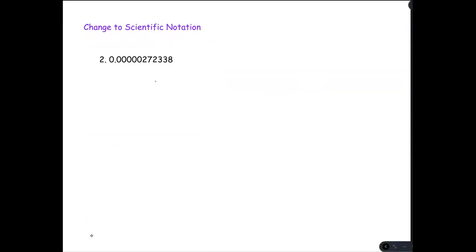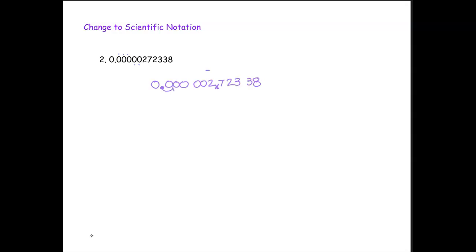Okay, so I'm going to rewrite. I'm going to count by 3s, that's easier. So here's where I'm starting. I want one whole number, and here's where I'm going to end up with my new decimal.